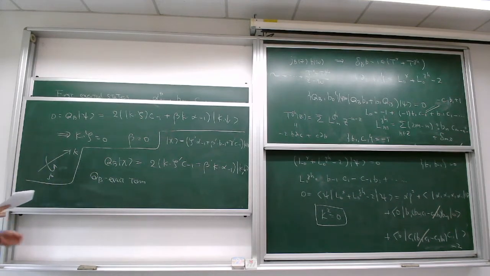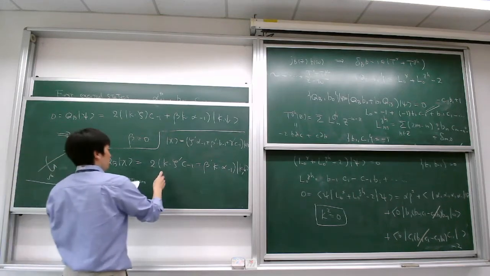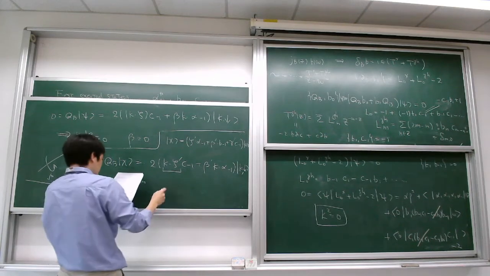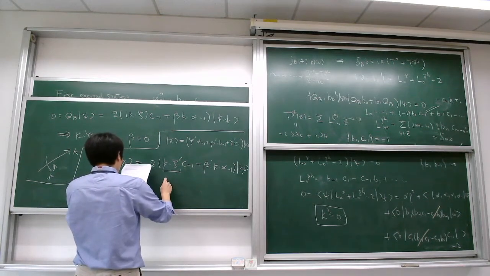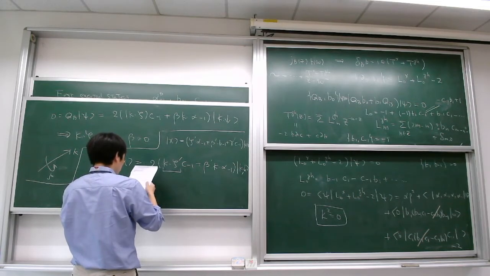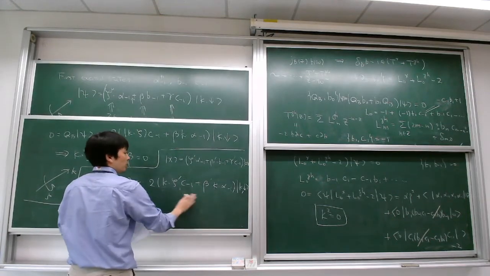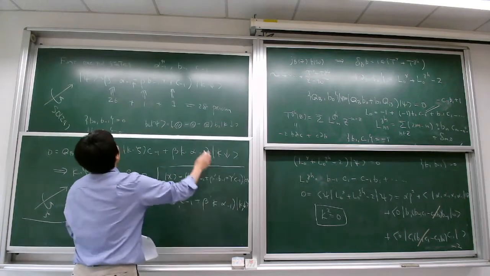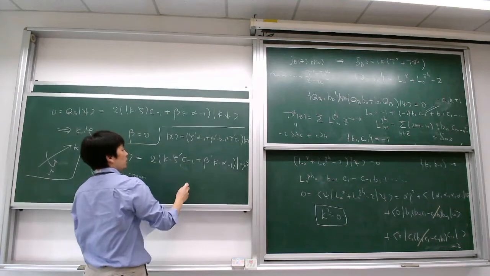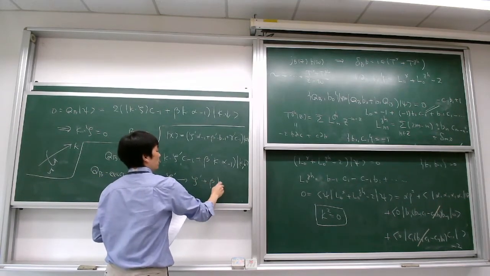So this means that if it can be written this way, this is the unphysical polarization. So therefore, if you compare this one and this one, there's an ambiguity that you can just shift zeta to zeta prime plus beta k.